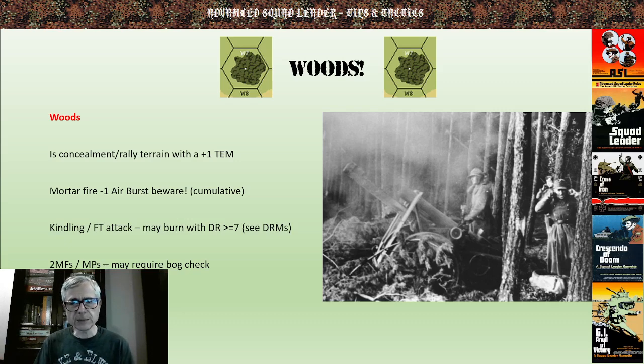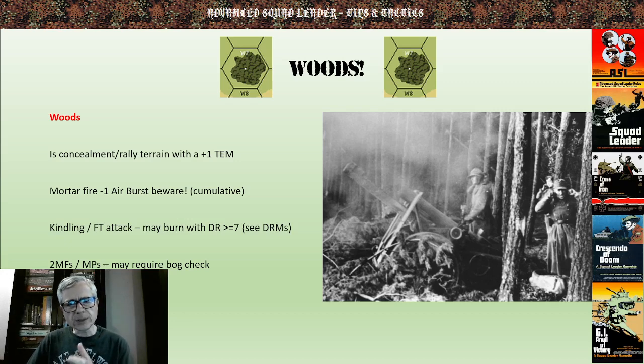It can burn very readily with a flamethrower attack, and it costs 2 movement factors to move in. With movement points, vehicles, you have to be aware that there's a bog check. You can either move with half of your movement points or all your movement points, depending on which one you choose. There's a +3 to your bog check and whatnot.